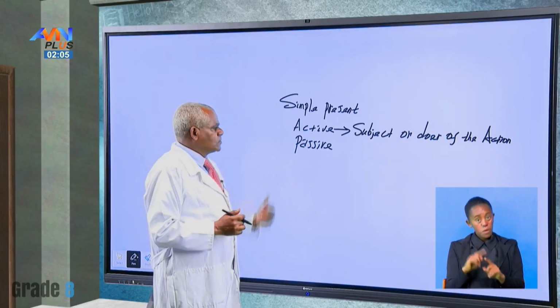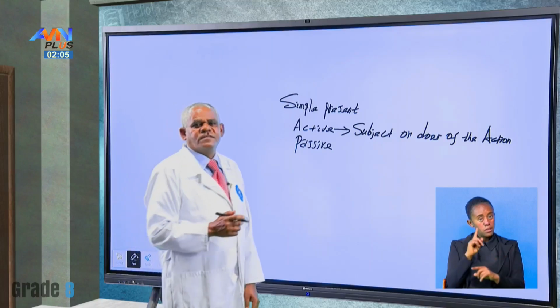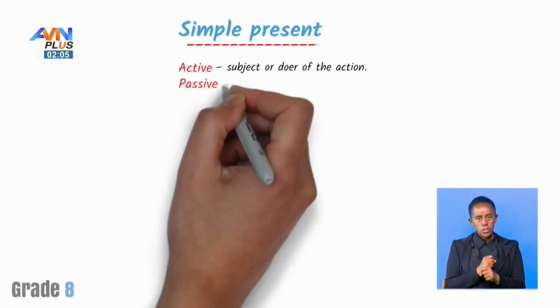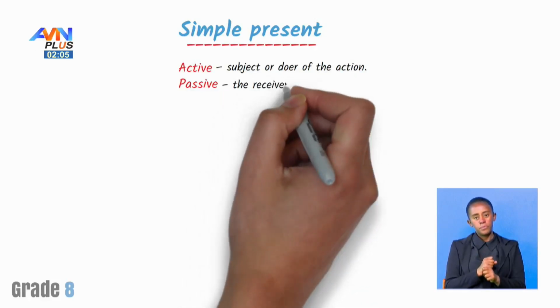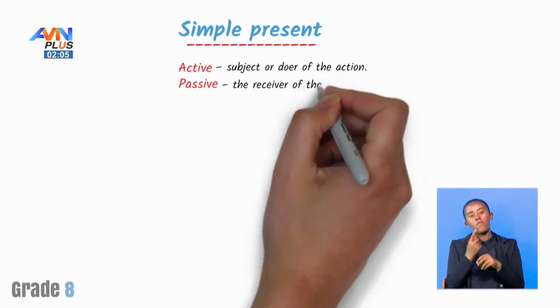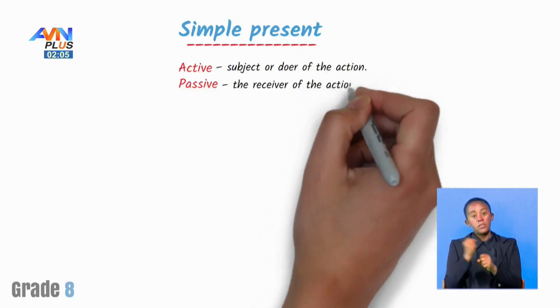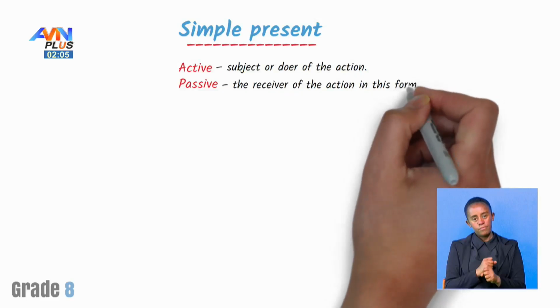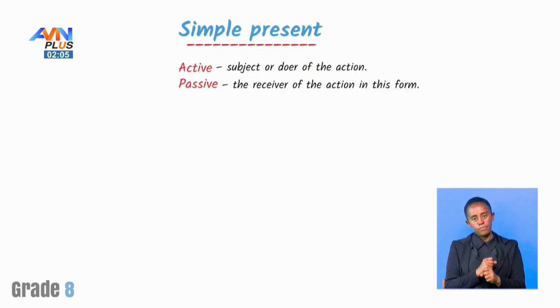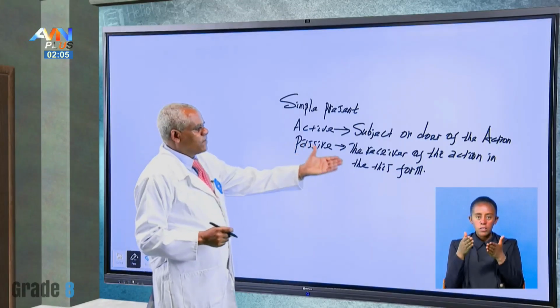But if you want to talk about the one who receives the action, the receiver of the action, we give more emphasis to the receiver of the action in this form. Which form? In the passive form.